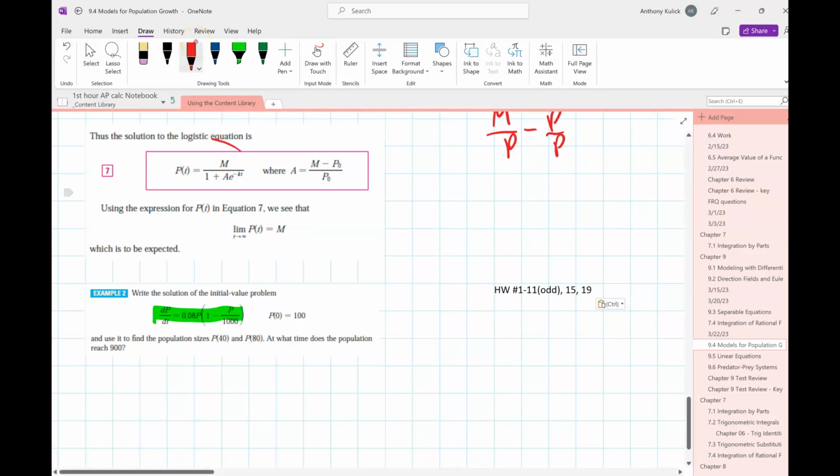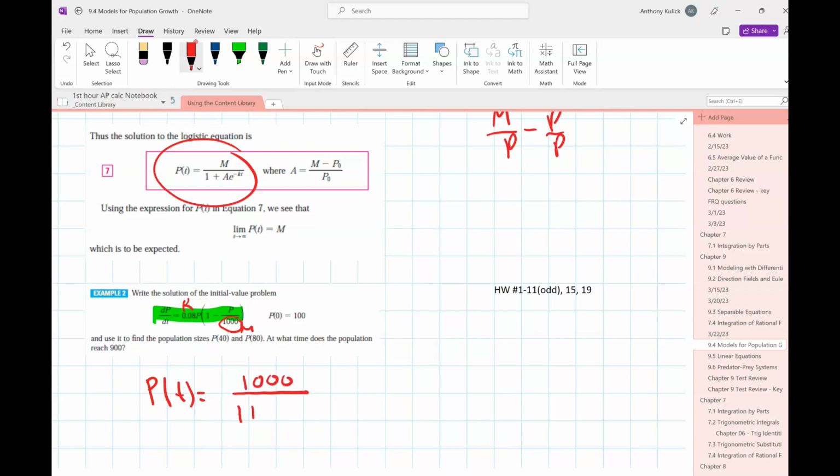So I can just use this straight through, where here's my k and here's my M. Now, in place of A, I'm going to do (M minus P naught) over P naught.